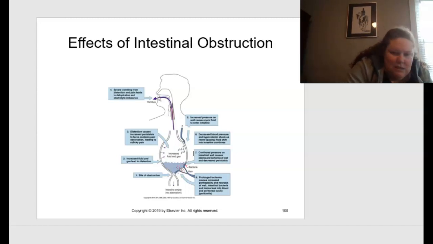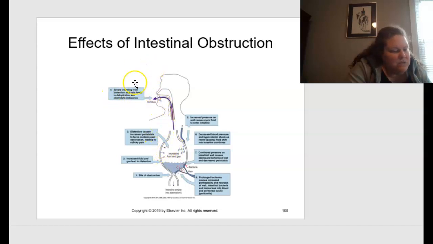And this is showing the site of obstruction is going to cause increased fluid and gas, leading to a distension, or like blowing out of your stomach. The distension then is going to cause increased peristalsis to force the contents past that obstruction, and this can lead to that colicky pain.